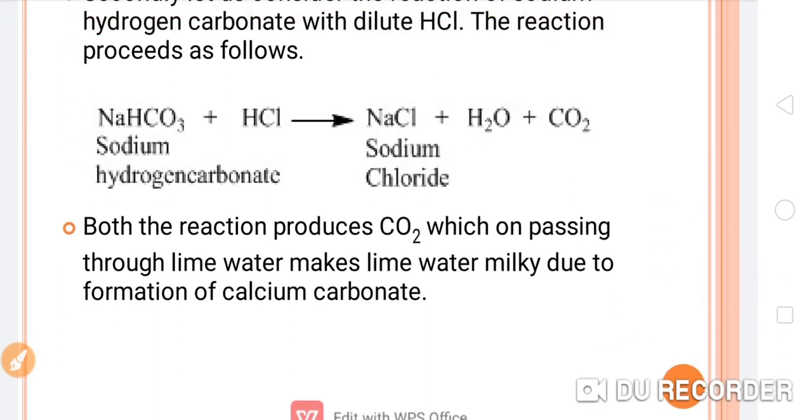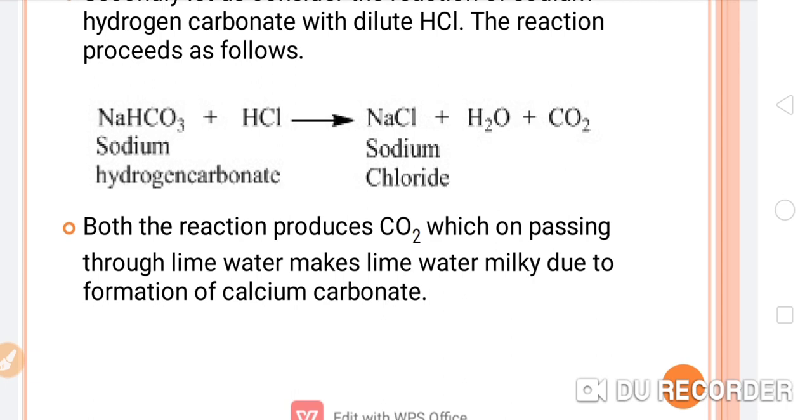So both the reactions produce carbon dioxide gas, which on passing through lime water makes the lime water milky due to the formation of calcium carbonate. So suppose you have a calcium hydroxide solution, initially it will be a clear solution.